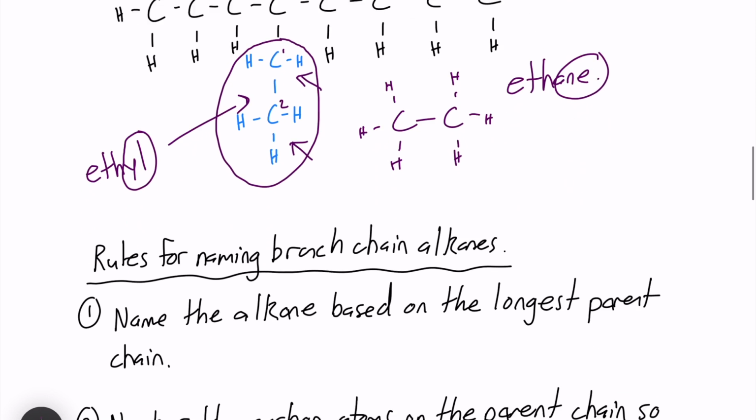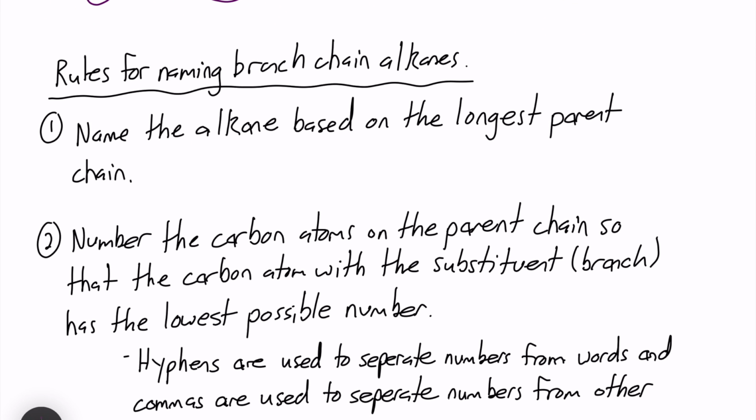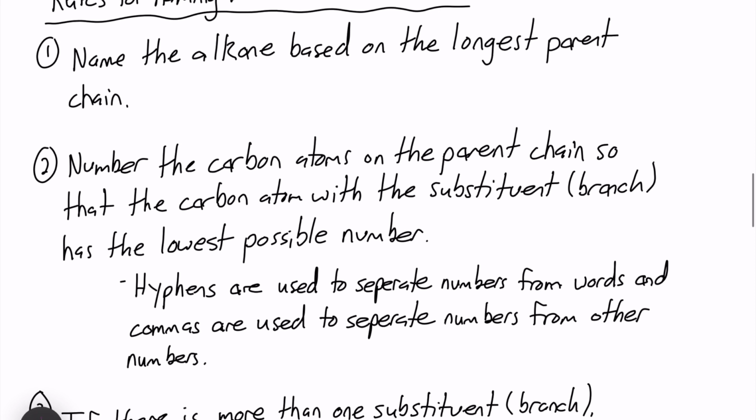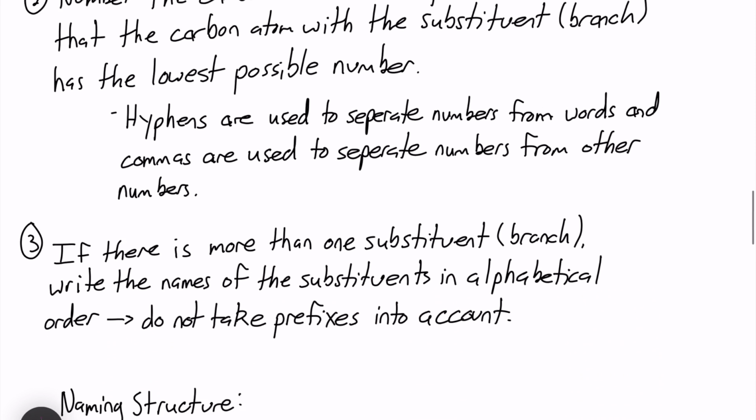We have a few rules for naming branch chain alkanes. Rule number 1: name the alkane based on the longest parent chain. Number 2: number the carbon atoms on the parent chain so that the carbon atom with the substituent or branch has the lowest possible number, and hyphens are used to separate numbers from words, and commas are used to separate numbers from other numbers.